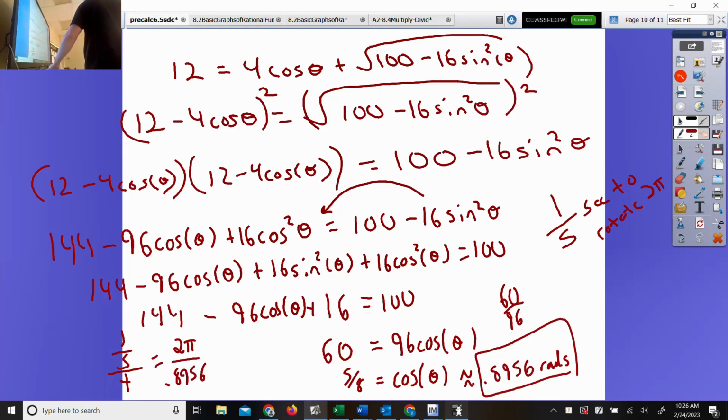It's called proportional reasoning. It should be the same. Did I ever teach you proportional reasoning? And Kyle was suggesting 1/5 is to 2 pi, which is fine. 1/5 would be to 2 pi as time would be to 0.8956. It's the same proportion.